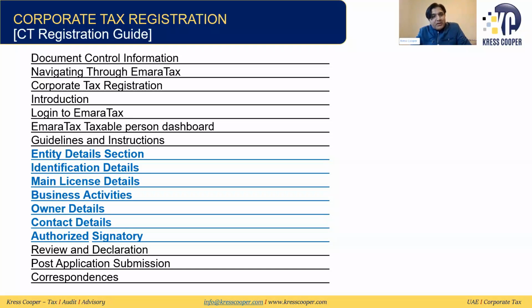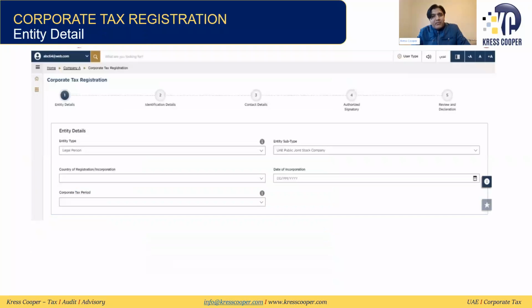But the most important things are the entity detail section, identification detail, main license detail, business detail, owner detail, contact detail, and authorized person. We'll go through these important things one by one.